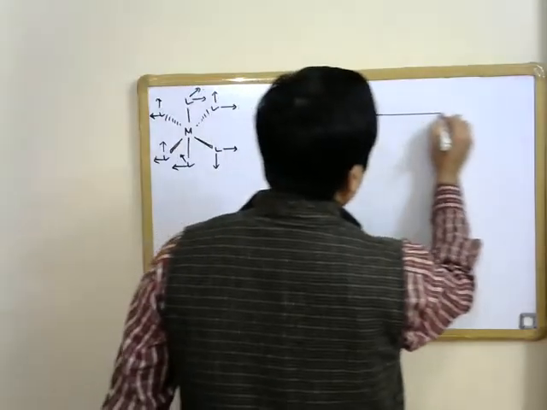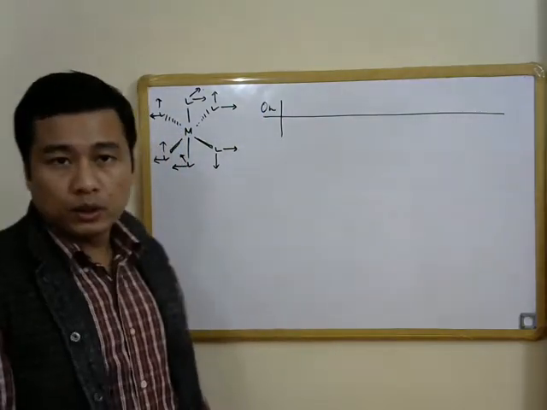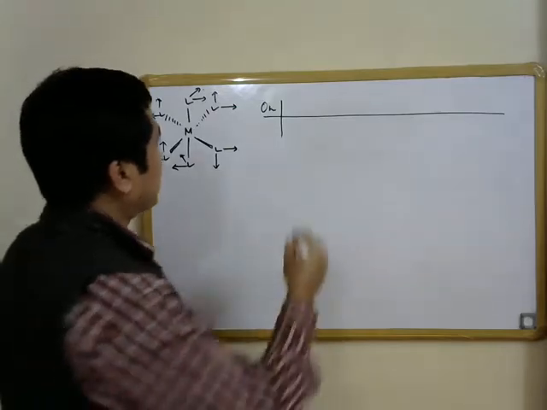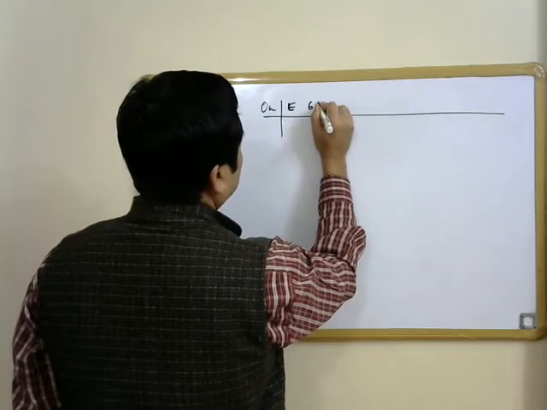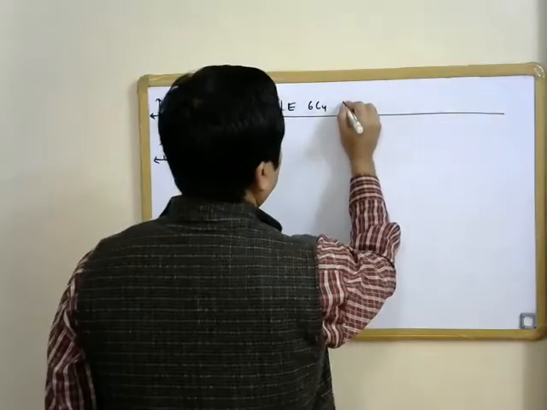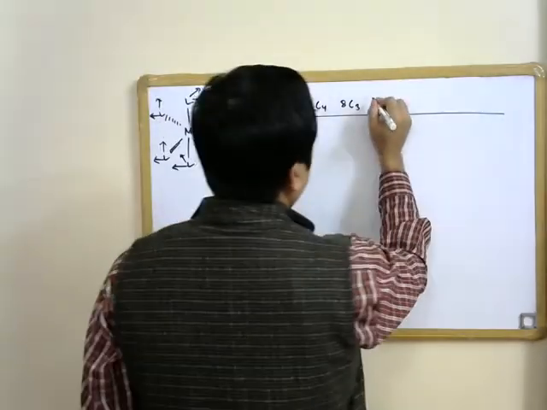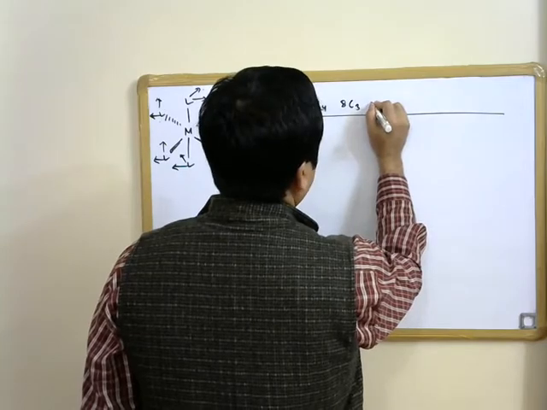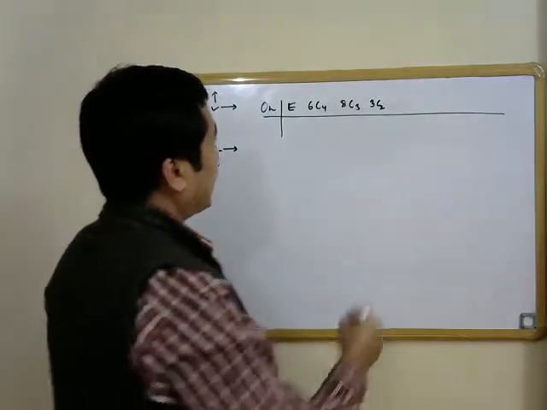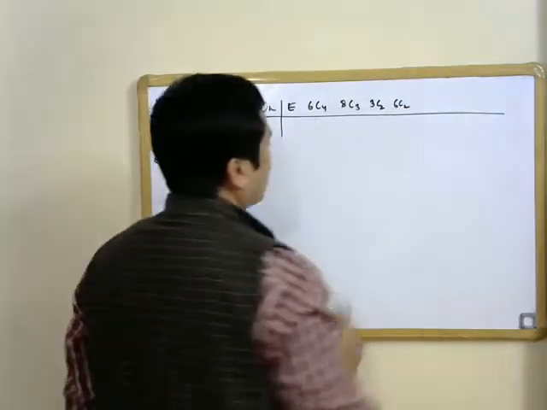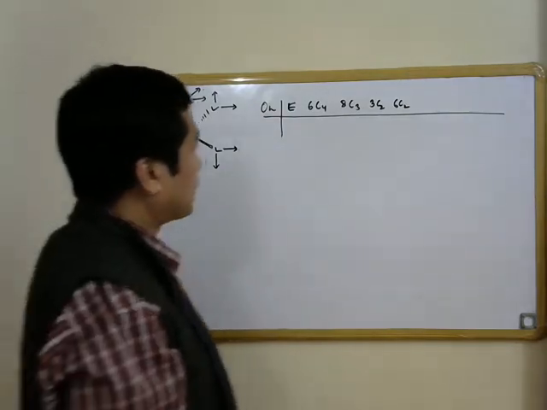So let's write the 48 symmetry operations of the octahedral point group classwise. That is E, 6 C4, 8 C3. Then we have 3 C2, which are collinear to the C4 axis, and then we also have 6 C2, which are not collinear to the C4 axis but bisect the sigma h planes.